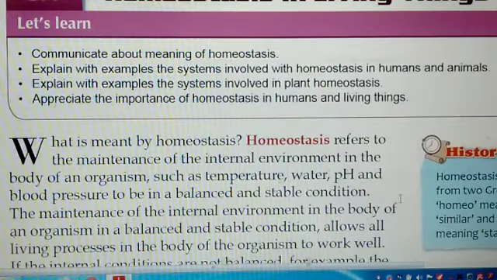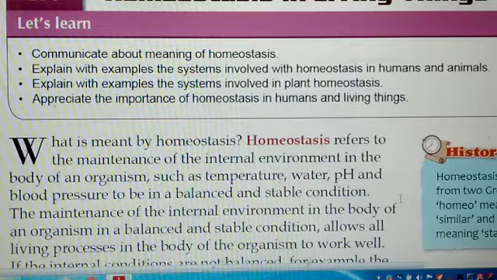Okay, so this is what we learn in this topic, homeostasis in living organisms. So what is the importance of this? Why must we make sure that our body is in homeostasis? Why must we control and make sure that our body has a balanced and stable condition in every aspect?